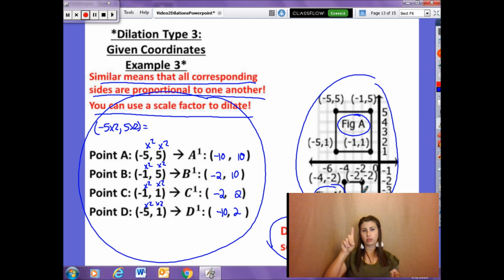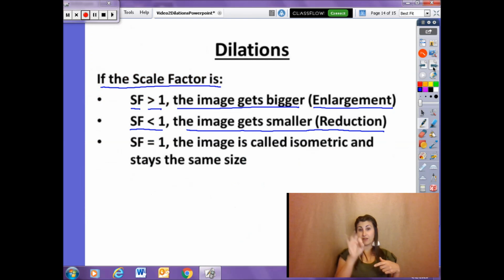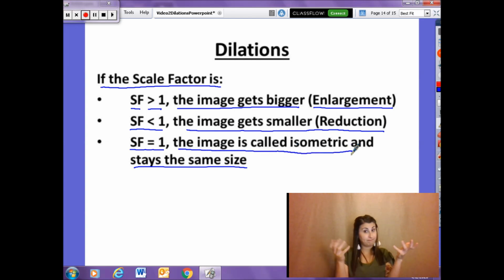Right? It got smaller, meaning that it had a scale factor that was less than 1. If the scale factor is exactly 1, nothing happens to the image. It stays the same size. But the image is called isometric.